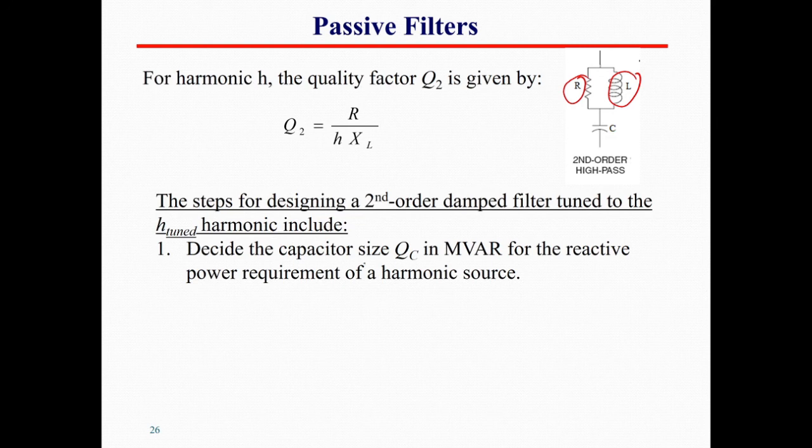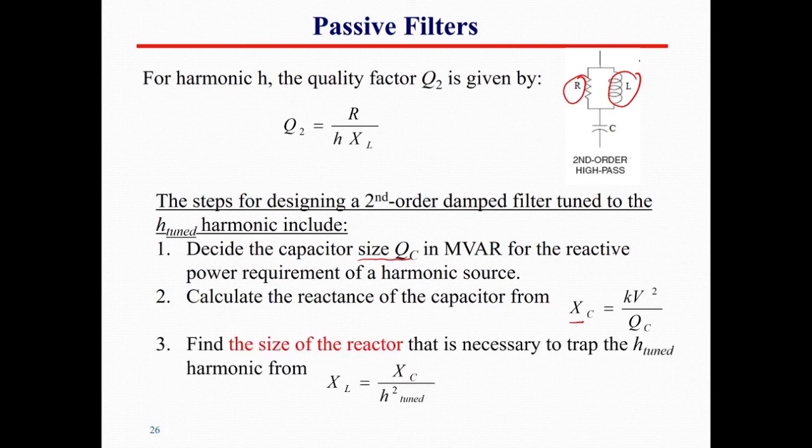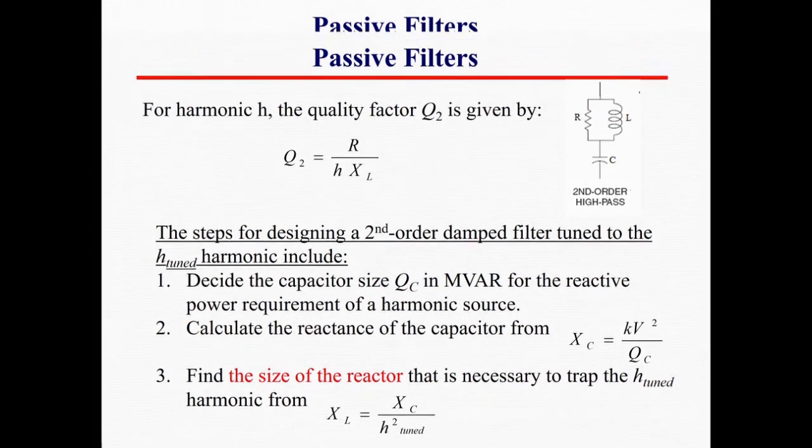First of all, we have to decide about the capacitor size in megavar, calculate the reactance of the capacitor from the reactive power, then find the size of the reactor, the inductive reactance, from the harmonic order and from the value of the reactance of the capacitor.